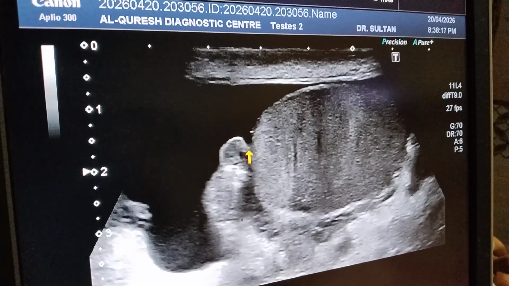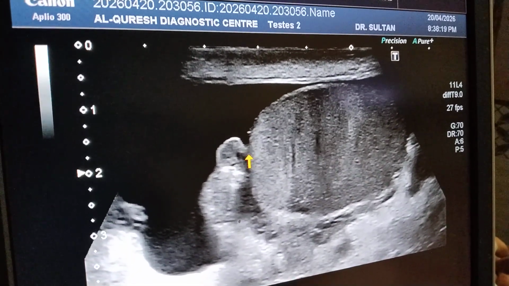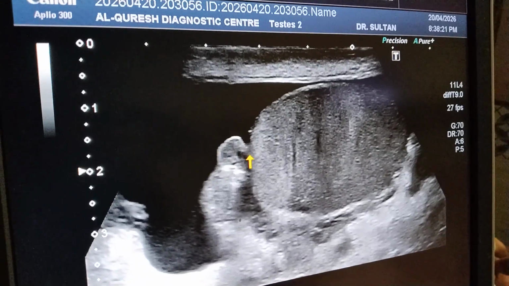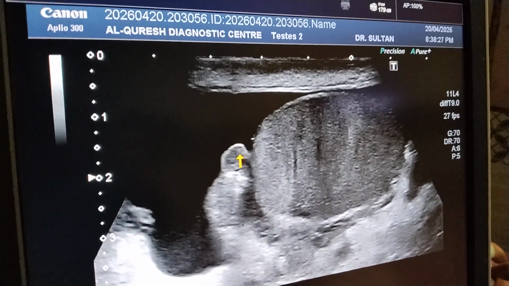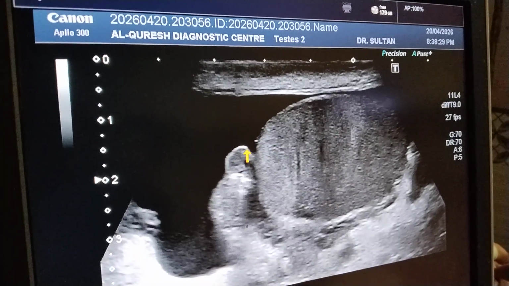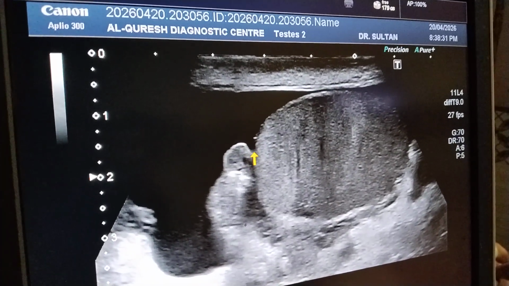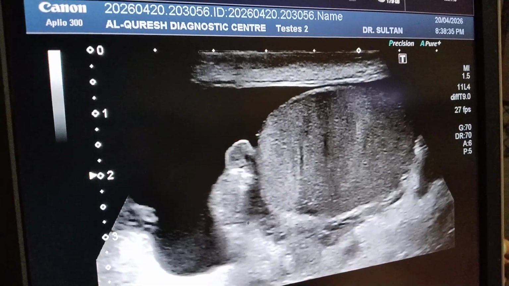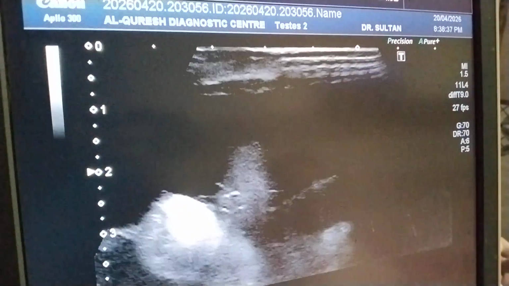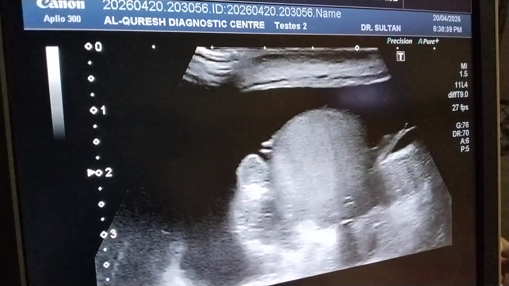It is the Mullerian duct we have already studied in embryology. So it is the vestigial remnant of the paramesonephric, Mullerian duct. Sometimes it can undergo torsion.